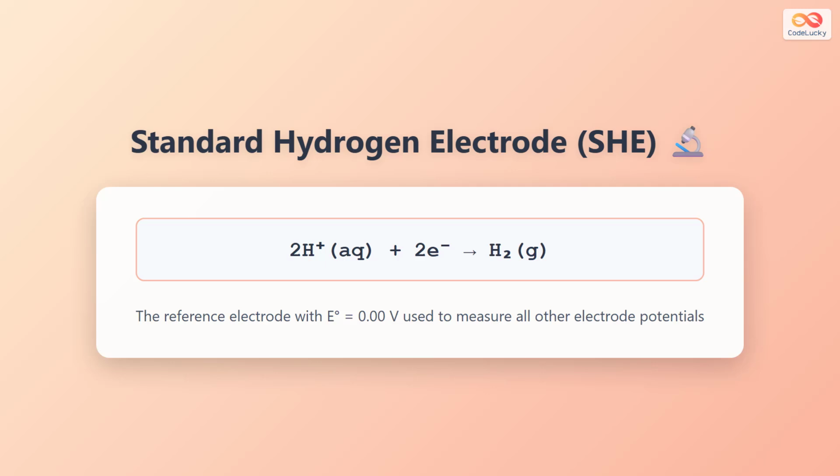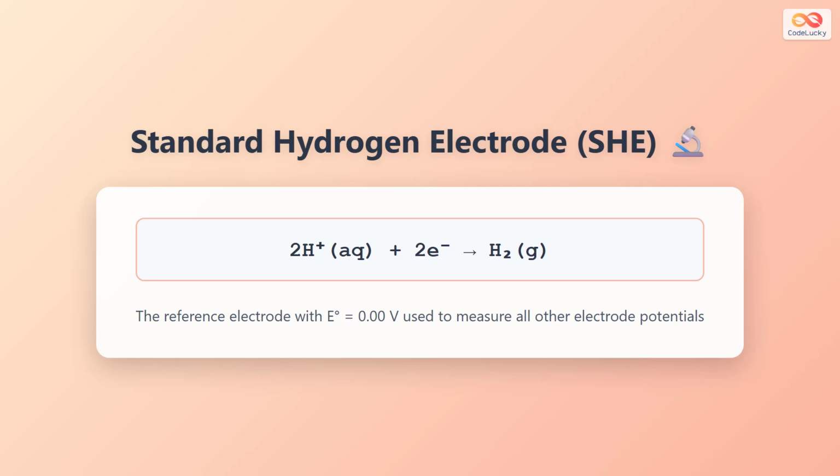The standard hydrogen electrode, abbreviated as SHE, is the universal reference electrode in electrochemistry. It consists of a platinum electrode in contact with hydrogen gas at 1 atmosphere pressure and hydrogen ions at 1 molar concentration. The half reaction for this electrode is 2 H+ ions in aqueous solution plus 2 electrons react to form hydrogen gas.